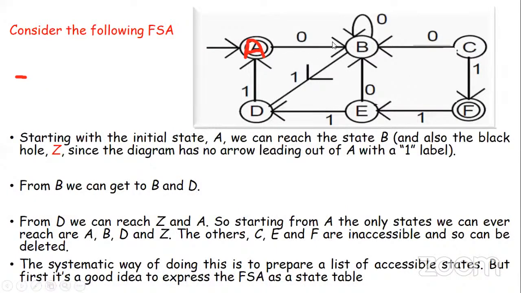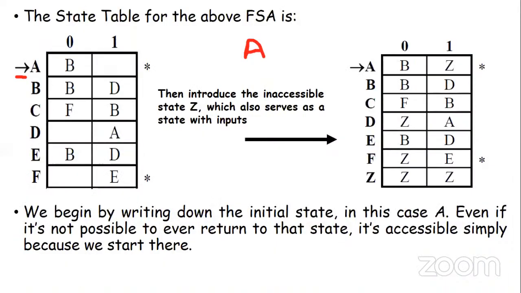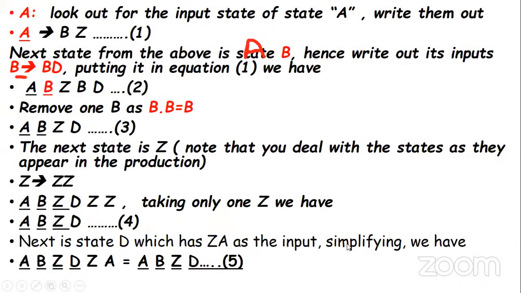When you receive a 0, you go to where? B, and the other one goes to where? Inaccessibility. So look at this table now. The input states are what? B, Z. Moving forward, you have B and Z. So you have A here written out.